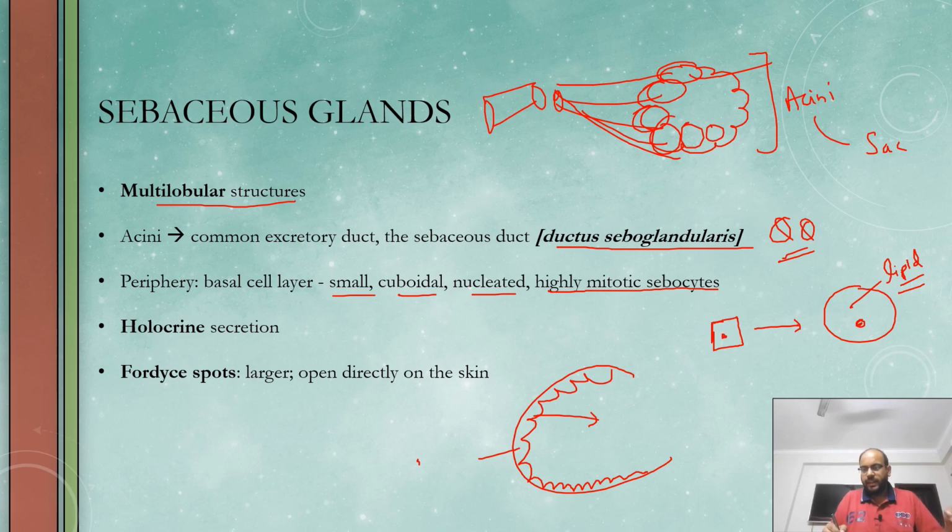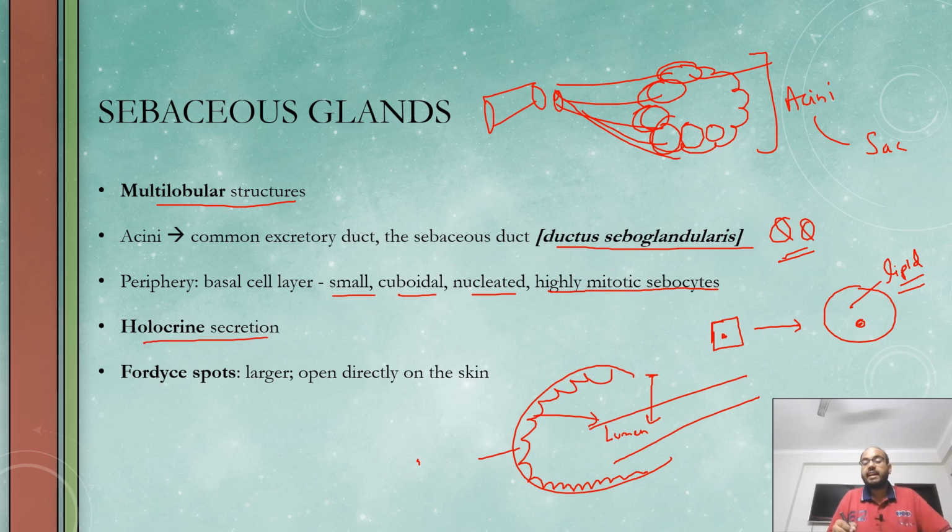So as the cell migrates from the basal part towards the center of the acini, it will become larger and accumulate a lot of lipids to form sebum. And when it reaches the center where the lumen is opening, so here you have the duct of the gland, and when it reaches the lumen, it will undergo holocrine secretion.